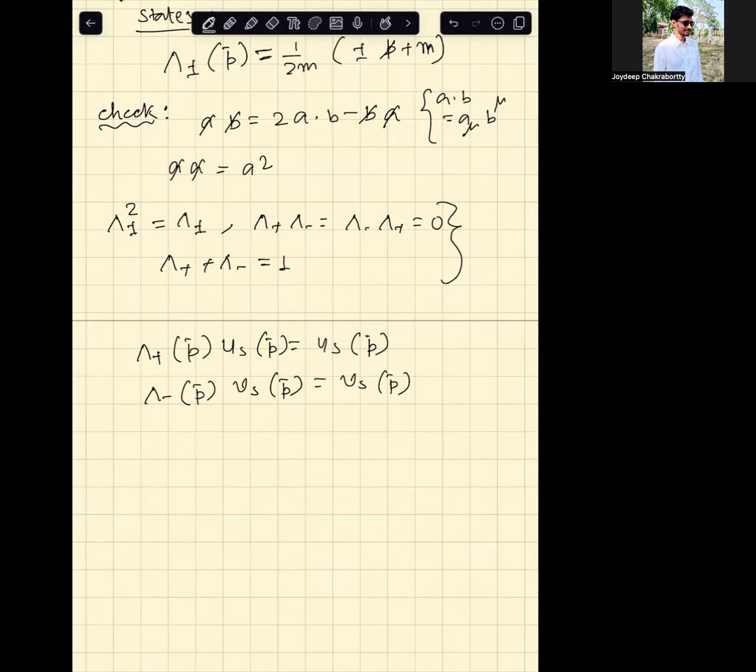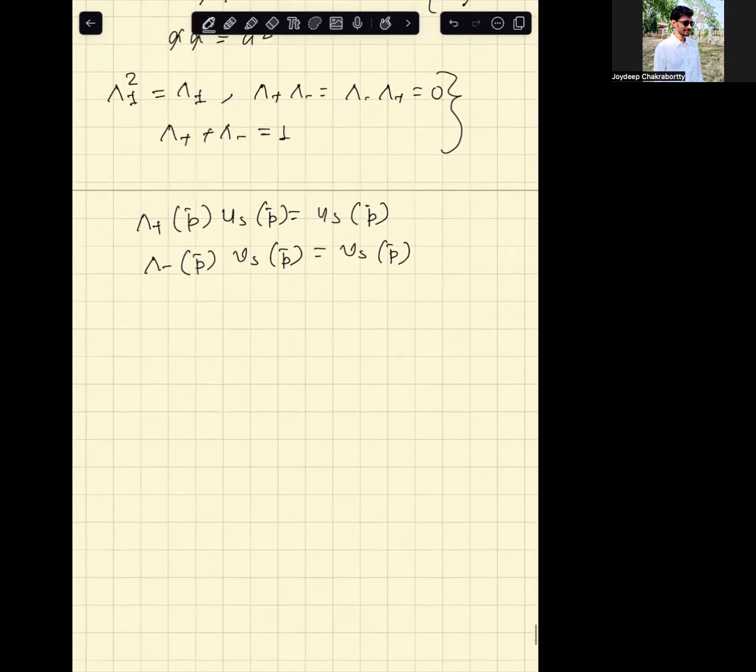If they were not normalized properly, factors like 1 by twice m and so on would show up in these coefficients. And lambda plus acting on v, the negative energy solutions, I would expect to give 0. Similarly, lambda minus acting on u should give 0. These are the two sets of conditions we can find.